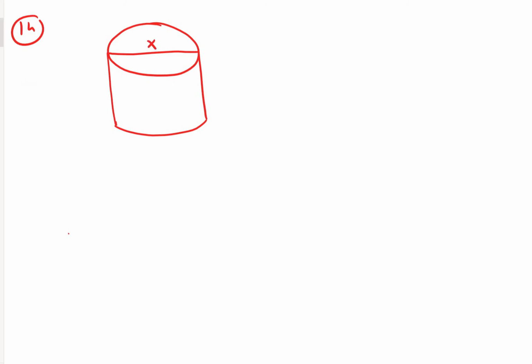We call that x. We call that x. Okay. And it says the curved surface area equals 100 pi centimeters squared. And we want to calculate h.